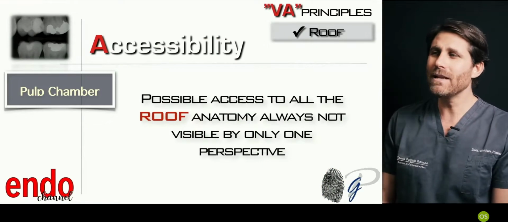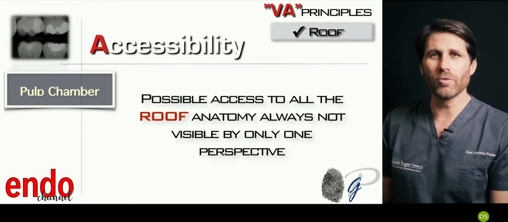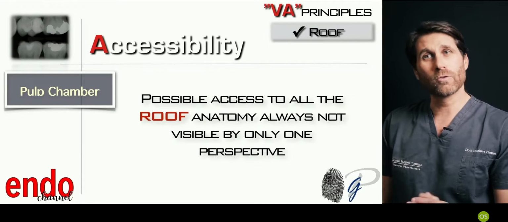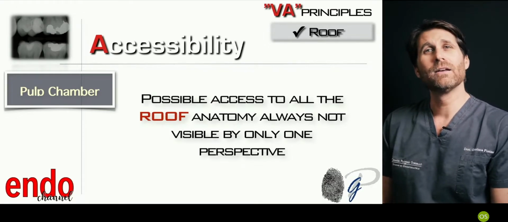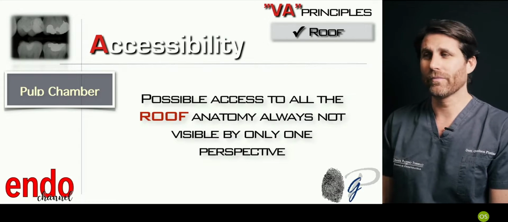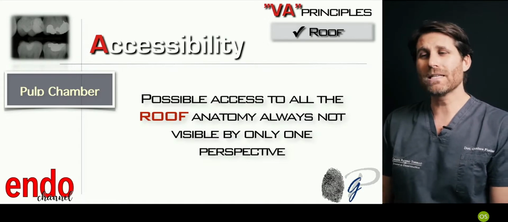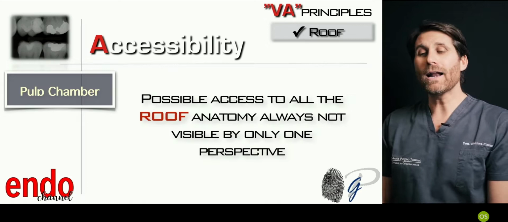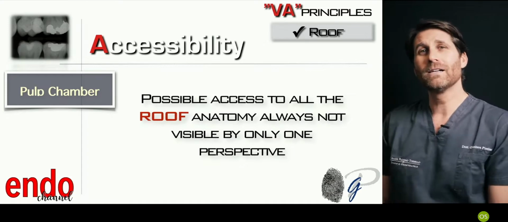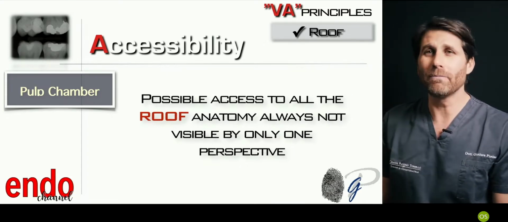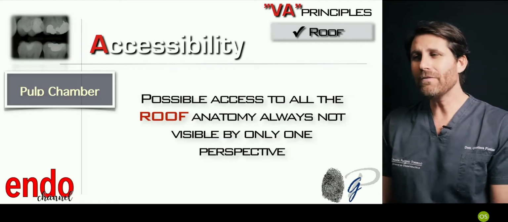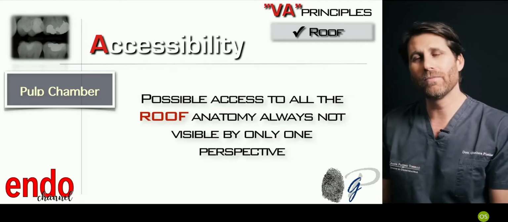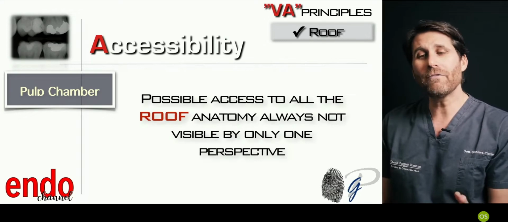Then accessibility not only on the floor of the pulp chamber to treat these lateral areas, this anatomy, but also accessibility to the roof, to the anatomy of the roof, because we have underlined that we can leave part of the roof, the soffit of the pulp chamber, but then not everything is visible.